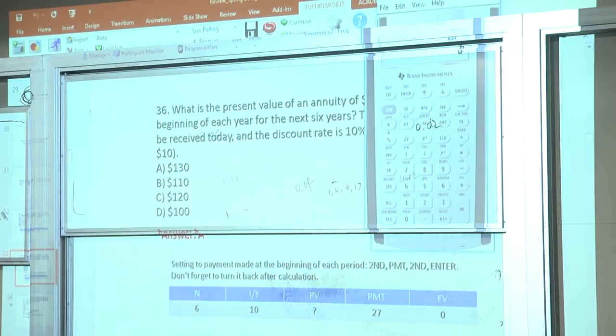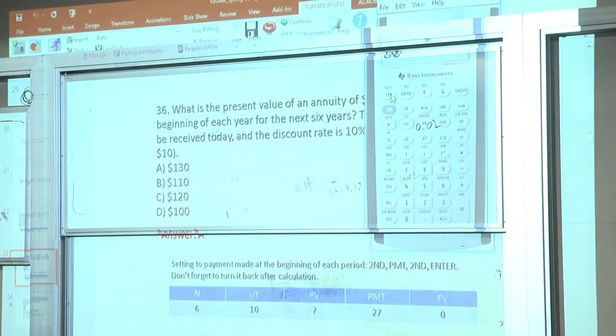Second PMT, second enter. Now we turn it back to end. If you want to use this method, do not forget to turn it back. Otherwise, 20 questions after this question will be answered incorrectly. You get a wrong answer for all of them. Turn it back. It's extremely important.